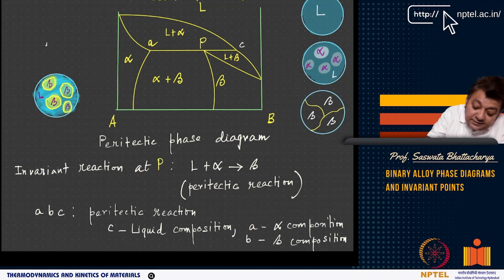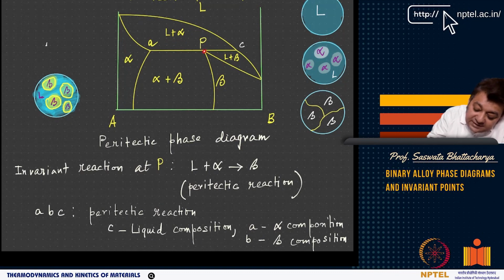If you look at this line, you have alpha solid solution here, beta solid solution here, and liquid, and then the liquid freezes. If I look at the concentration corresponding to point P, for example, you have liquid which changes to liquid plus alpha.